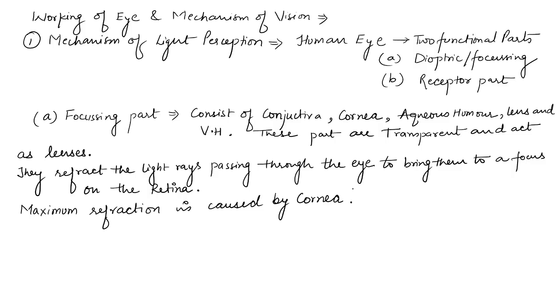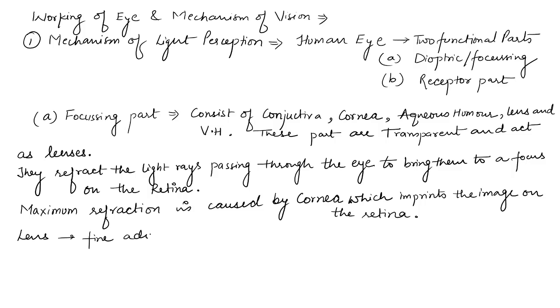So the cornea imprints the image on the retina, but the image is blurred till now. So the lens operates the fine adjustment and sharpens the image. So this is the function of all these parts.